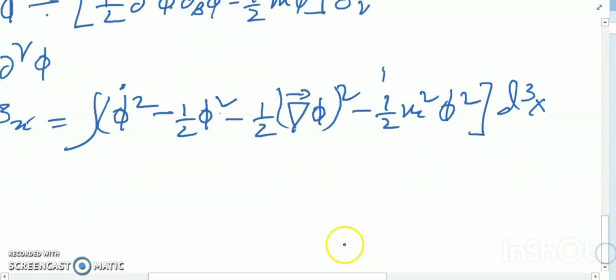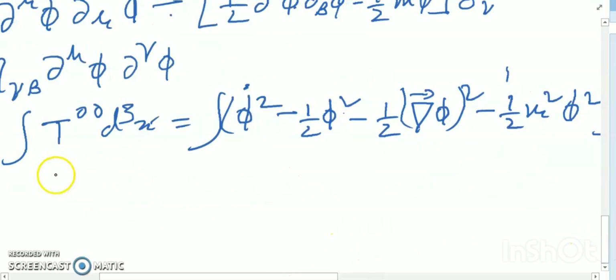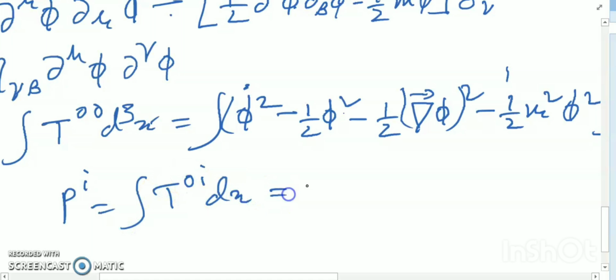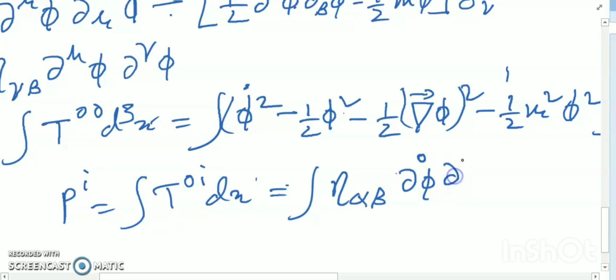And pi, the momentum tensor, is T0i dx, equal to the integration of eta alpha beta del 0 phi d cube x.